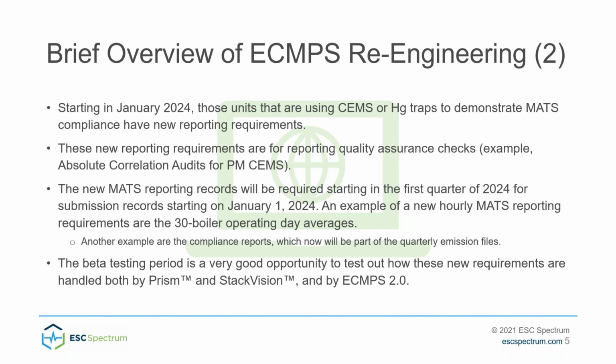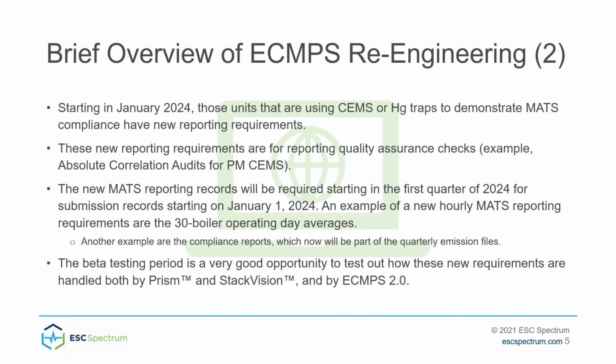So far, those checks have not been required to be submitted to the EPA by anybody, but starting in January of 2024, those checks, when they are performed, will need to be included in the quality assurance records, and they will be required to use the new tool to make the submissions.